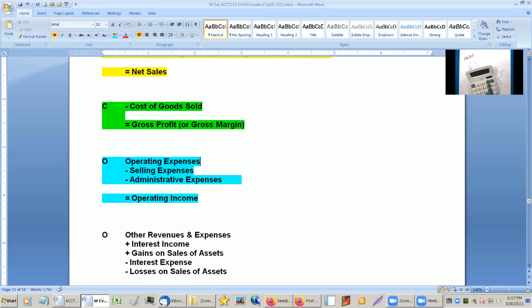So let me do something here. These are directly, I don't want to highlight it. Hold on, let me turn the highlighting off. All right, who cares?